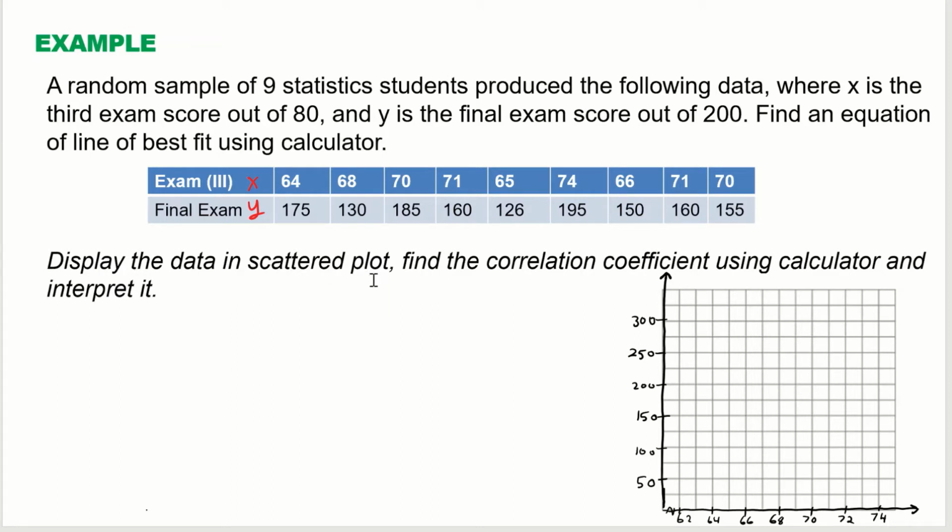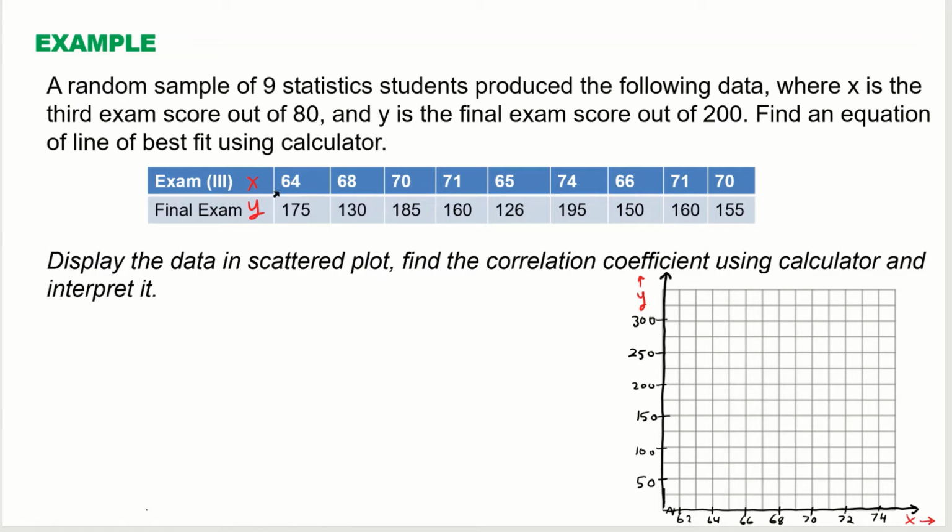Display the data in a scatter plot. So we need to display this data in the scatter plot. For that, I have the x-axis and y-axis labeled here. Along the x-axis, I am plotting the third exam score, and along the y-axis, I am plotting the final exam score.